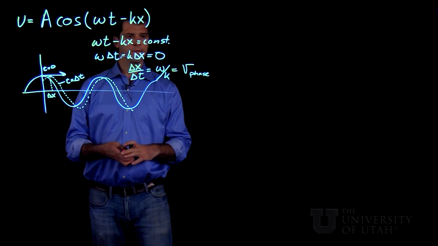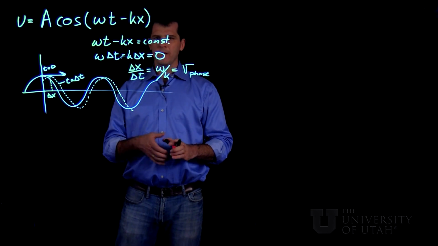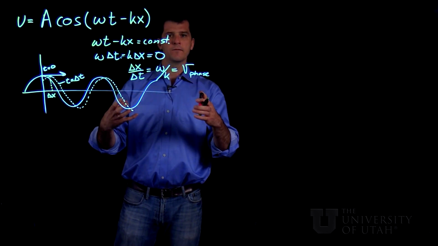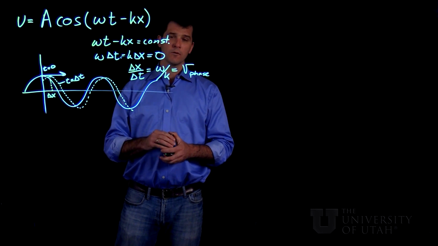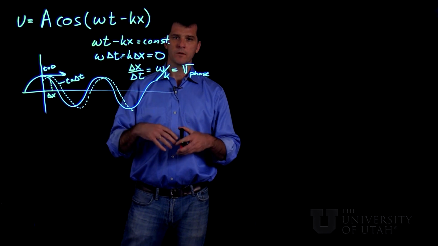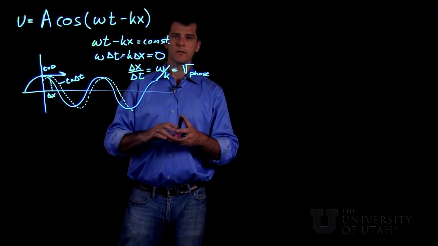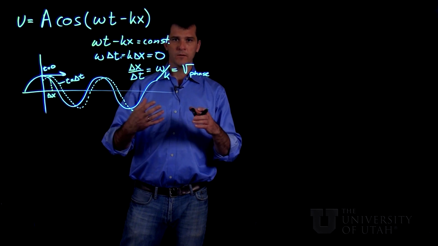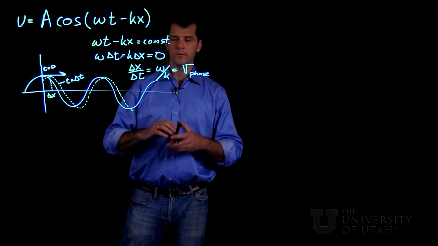So the phase velocity then is the velocity at which a single harmonic wave travels in the crystal. Or in terms of what we talked about in the quantum mechanical free particle picture, it's the velocity at which a single free particle state will move through this crystal.